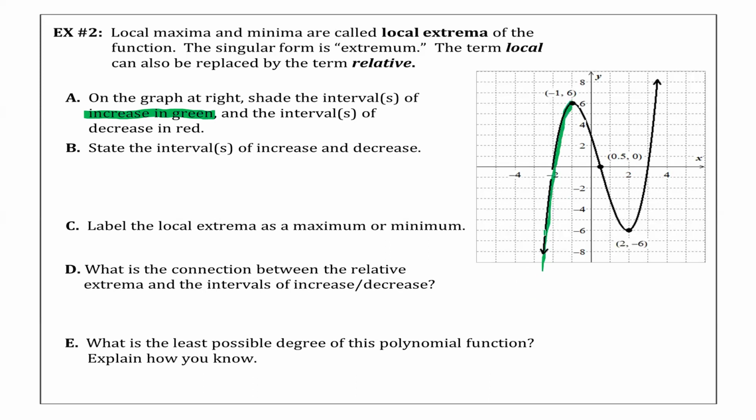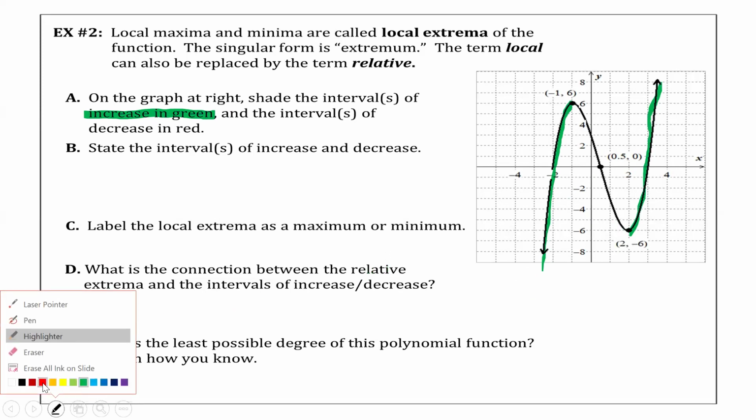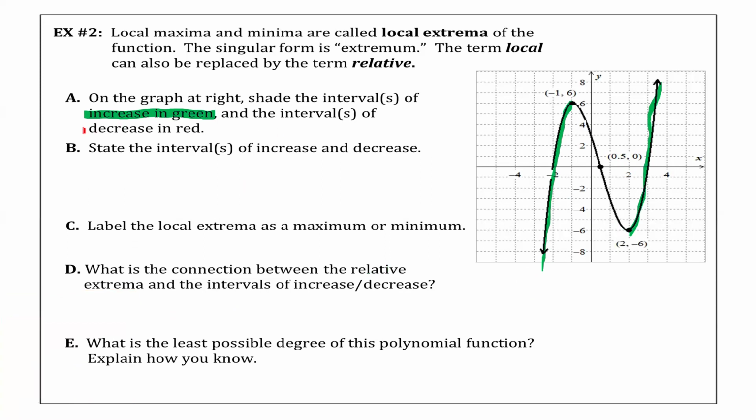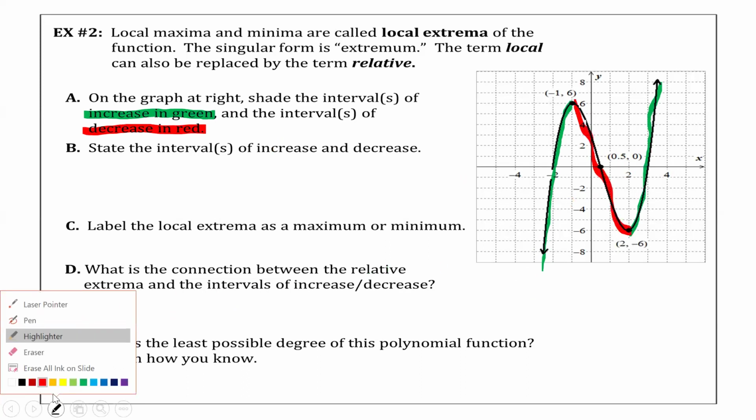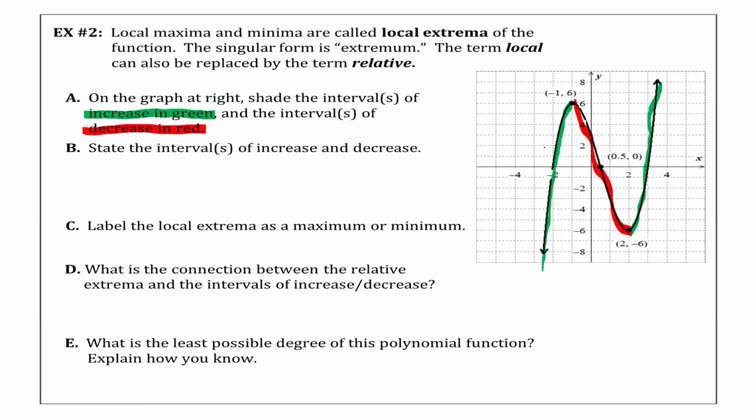That's an increase, right? And this is also an increase. Agree? Now we're going to highlight our intervals of decrease in red. It's a little wavy. Pretend that it's straight. Or you could just write I, D, and I.